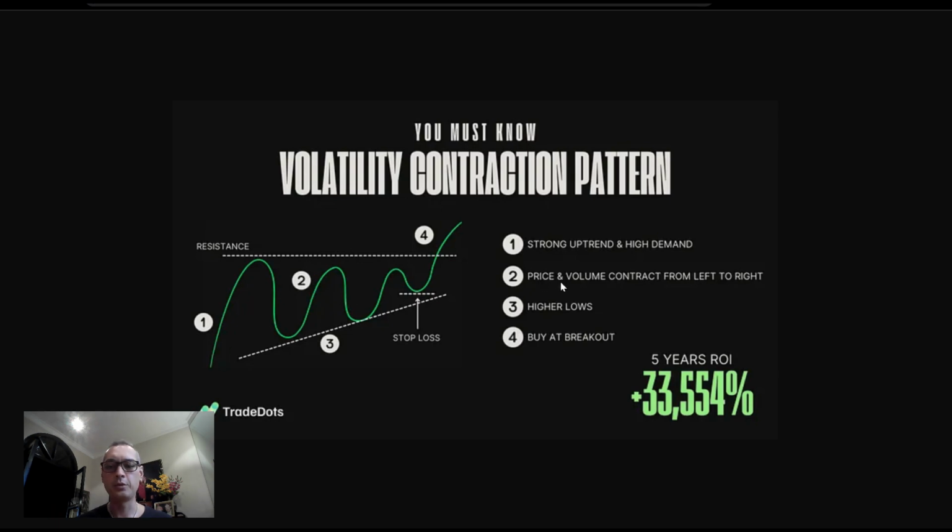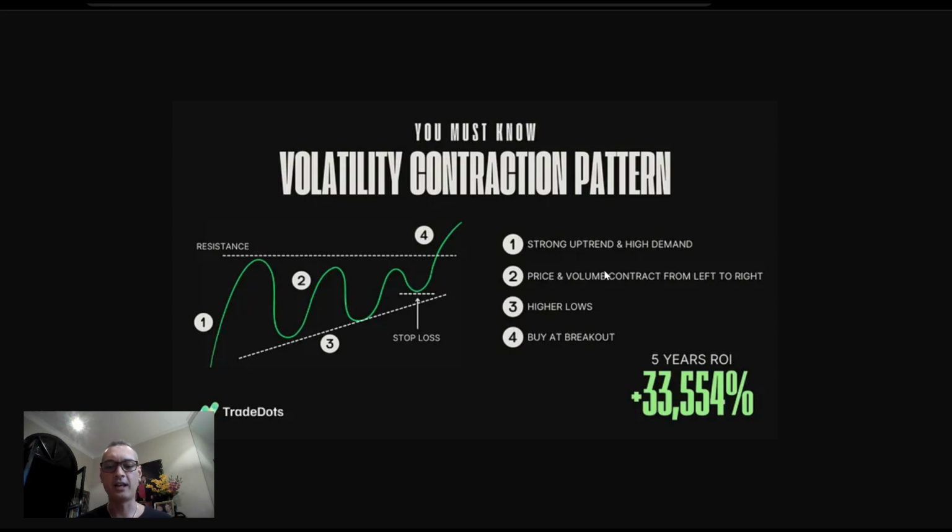And then two, you need price and volume to contract from left to right as depicted here. You see price coiling up, basically, right? It starts wide and it starts to narrow, narrow, narrow until explode, right? Higher lows from here, there's your low, higher low, higher low, higher low, and buy at breakout.